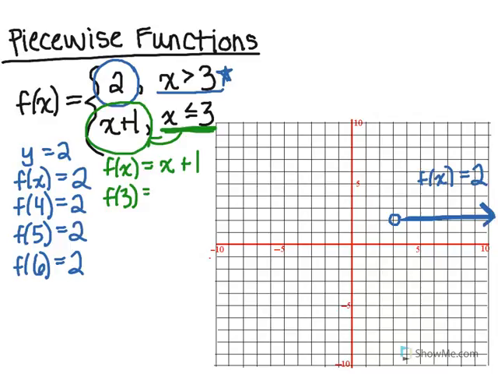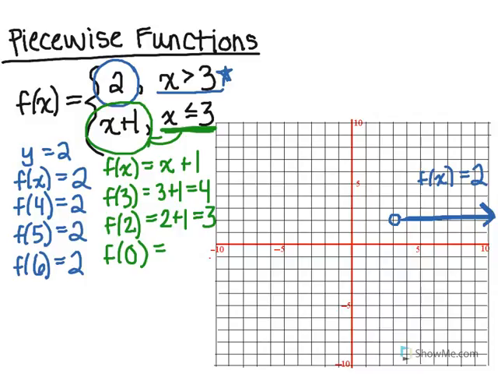So for example, f of 3 would be 3 plus 1, which is 4. If I wanted to find something, I'm just going to keep using integers, f of 2, that would be 2 plus 1, which is equal to 3. If I keep moving, I'm just going to skip one. Let's say if we did f of 0, we would have 0 plus 1, which is equal to 1.